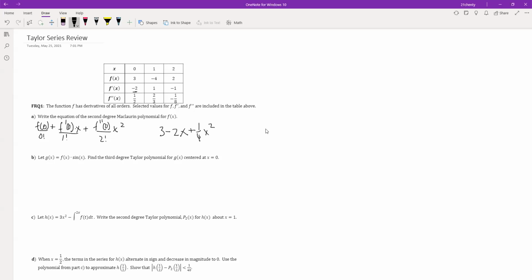Now for B, let g of x equal f of x times the sine of x. Find the third degree polynomial for g of x centered at x equals 0.